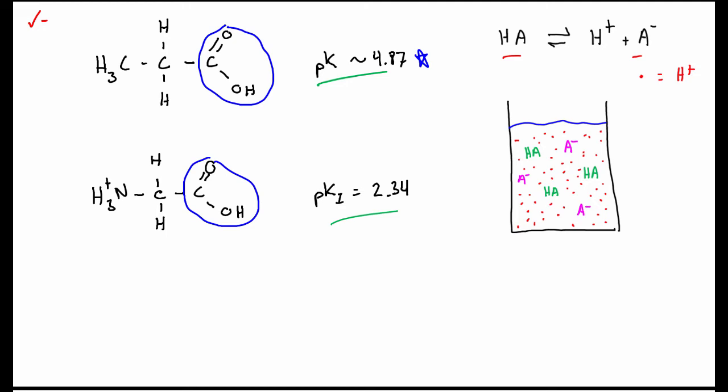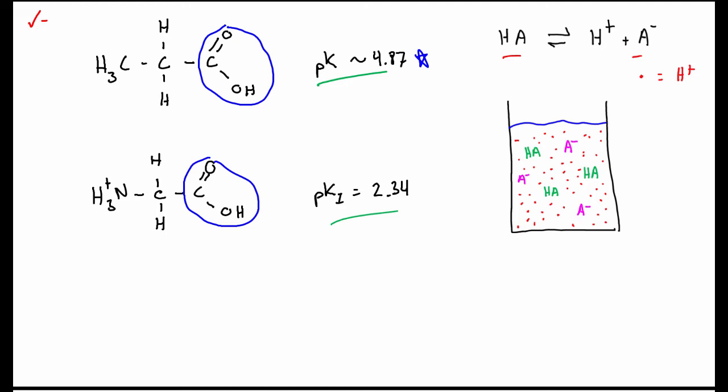You really have to pack the protons in to get them to attach to the A minus, or the conjugate base, whereas as the pK goes up, it takes less and less protons for that conjugate base to obtain its protonated state. So that's really what we mean by affinity in this case.